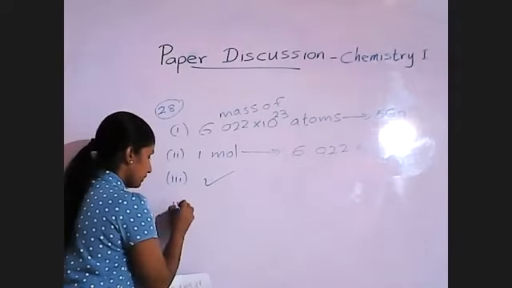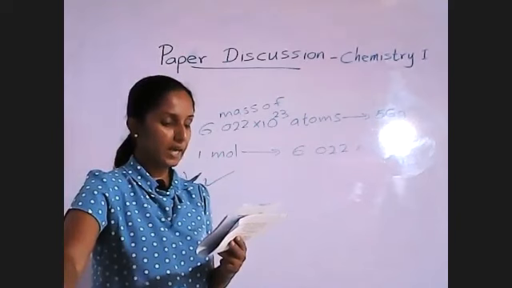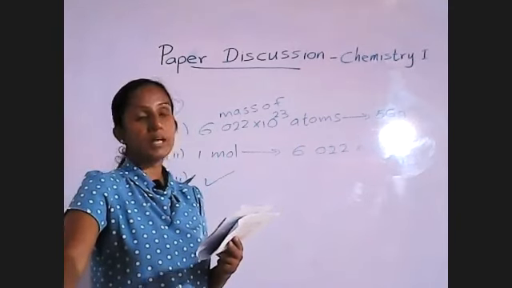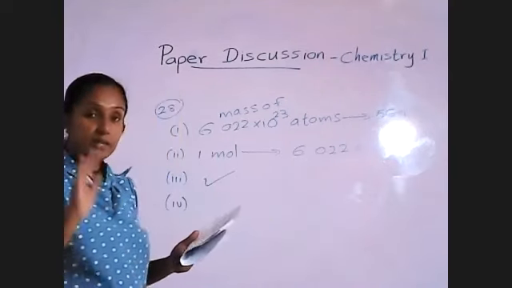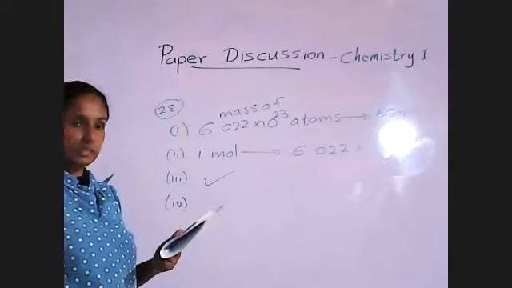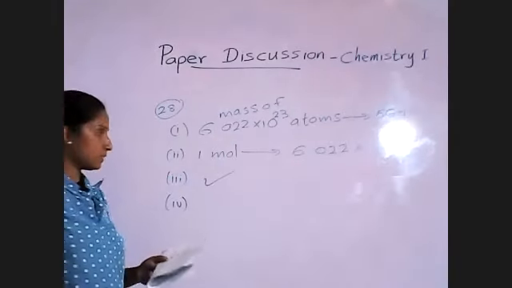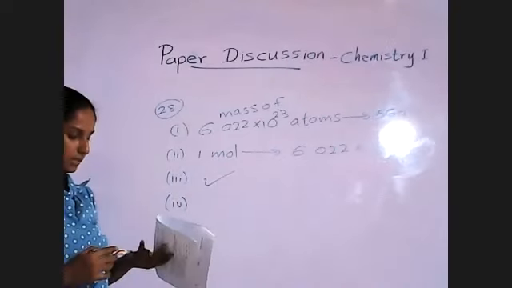Then the fourth one: the mass of 56 iron atoms is the Avogadro number of grams. No, that is wrong. The mass of the Avogadro number of atoms is 56 grams. So the correct answer is the third one.